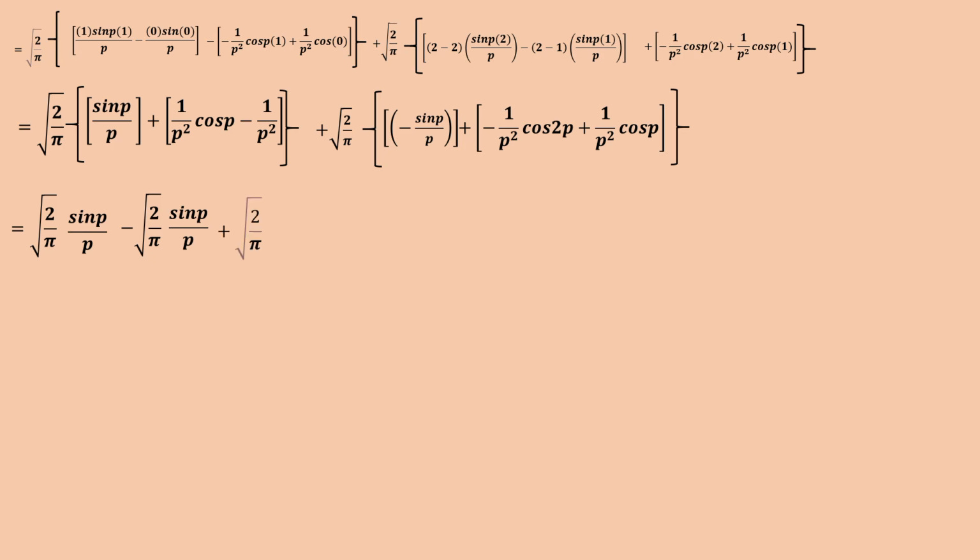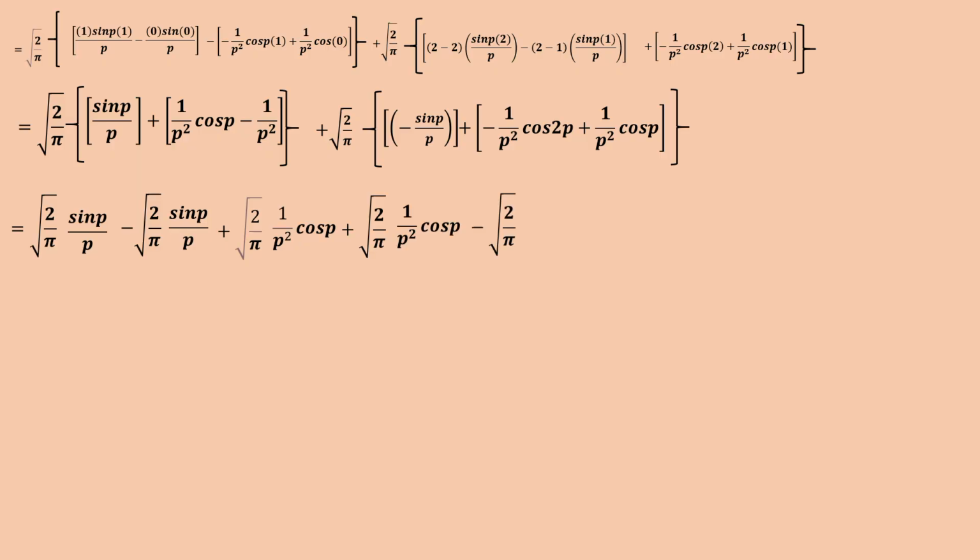Then plus root 2 divided by pi 1 by p square cos p, in the first bracket, second term. Similarly, we are going to take the second bracket, third term, plus root 2 divided by pi 1 by p square cos p.